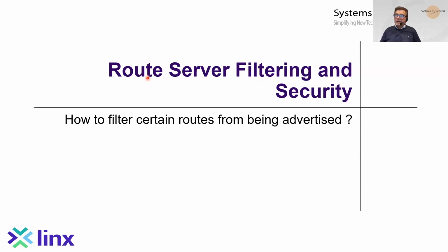And if we want that behavior to be changed, so it's very often the case, for example, that you as an organization may want to go into some sort of maintenance, for example, and not have your routes advertised out for a period of time, or you want to be selective with whom you want to advertise your routes when you're in this public peering forum.